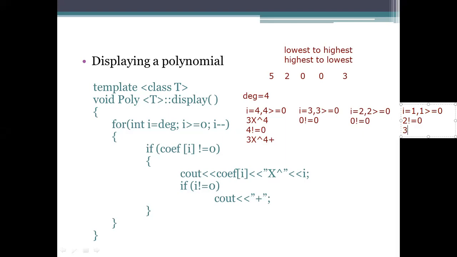So here 3 x to the power of 4 has been stored, and the plus operation also has been there, then 2 x to the power of 1. Then we check the i value, which is 1.